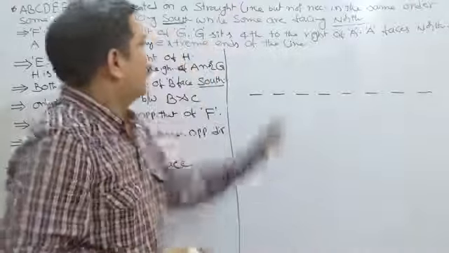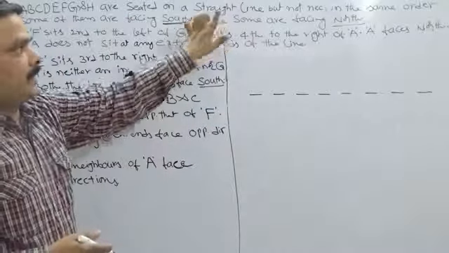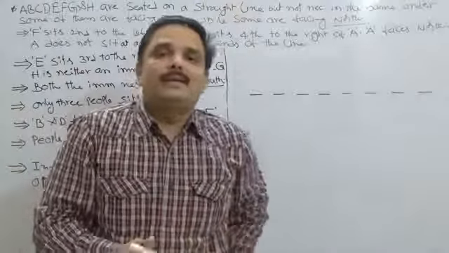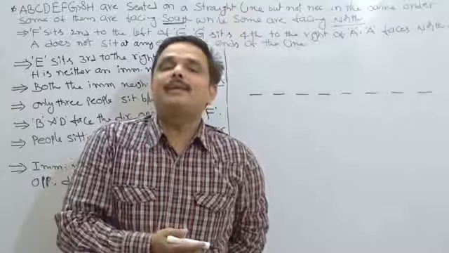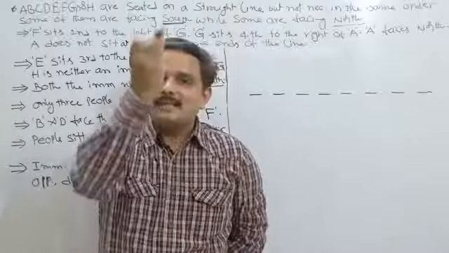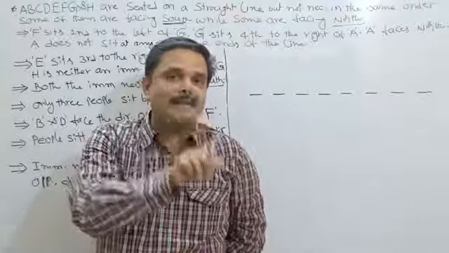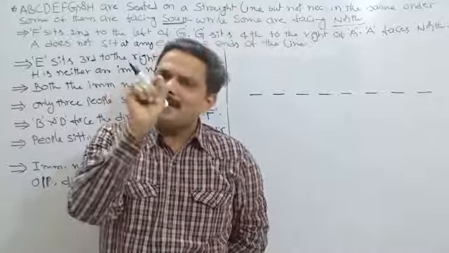In the question, 8 persons are there, some facing north, some facing south. Nowadays, examiners are preparing questions in such a way that only one arrangement solves very few questions. Before arriving at the final arrangement, the student has to think from many angles.